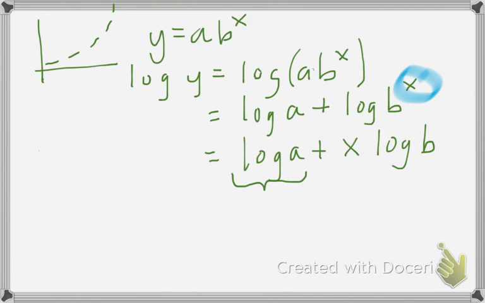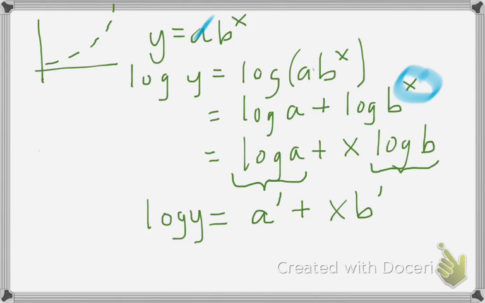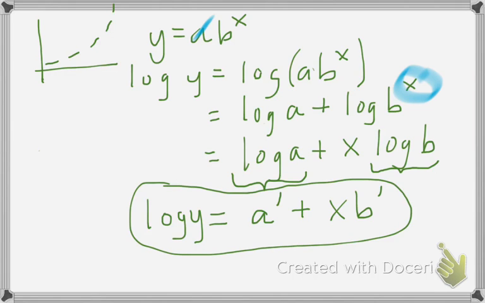If we know this value of a from the original, then we can just take the log of that and we would get some constant. Likewise, this log b, we would just get some constant. So since it's related to a but kind of different now, I'll just call it a prime plus x b prime. So you can see, using properties of logarithms, our linear equation is log y equals some constant a plus x times some constant b. And that's basically what we have.